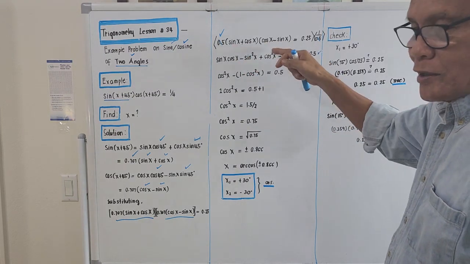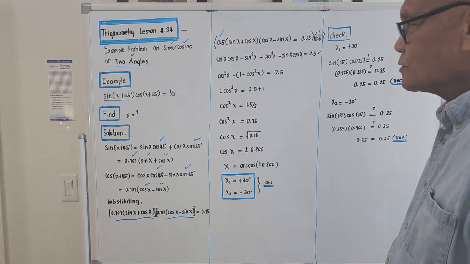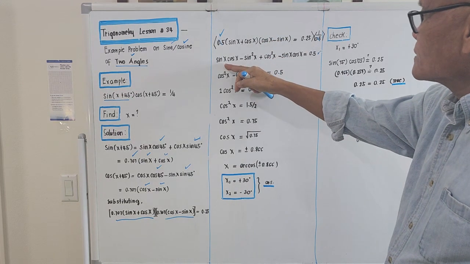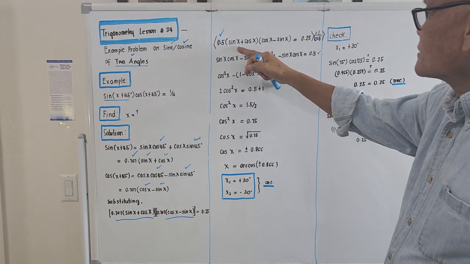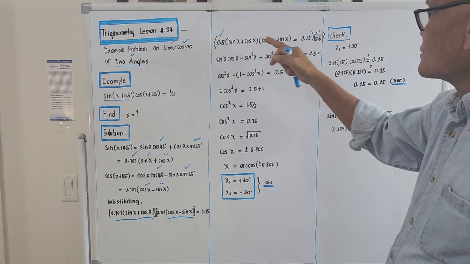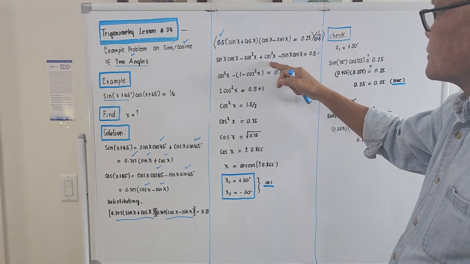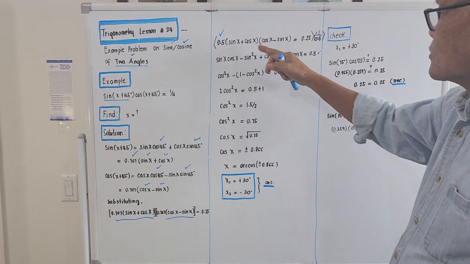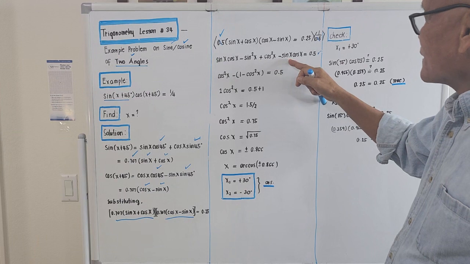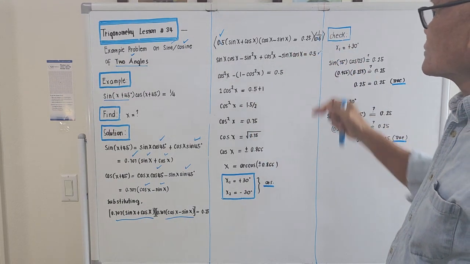We are multiplying two binomials that contain trigonometric functions. So sine x times cosine x will be sine x cosine x. Sine x times minus sine x will be minus sine square of x. Cosine of x times cosine of x will be cosine square of x. Cosine of x times minus sine of x is minus sine of x cosine of x. We just interchange, anyway, the operation is multiplication.